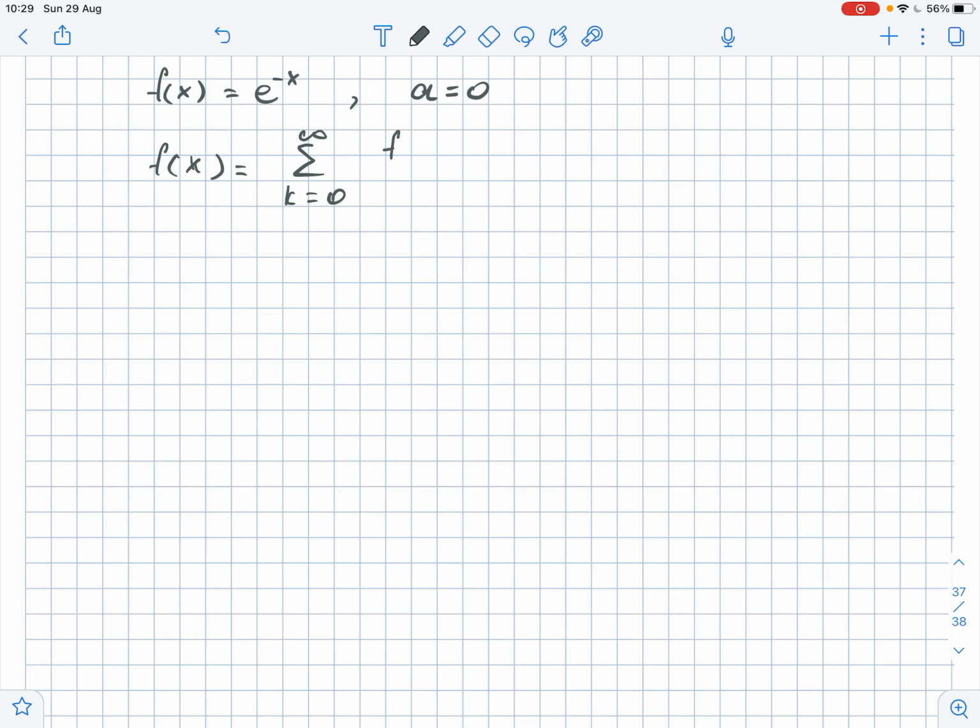So a Maclaurin series is given by the following formula: f of x equals the sum from k equals 0 to infinity of the kth order derivative of f at a over k factorial, multiplied by x to the power of k.